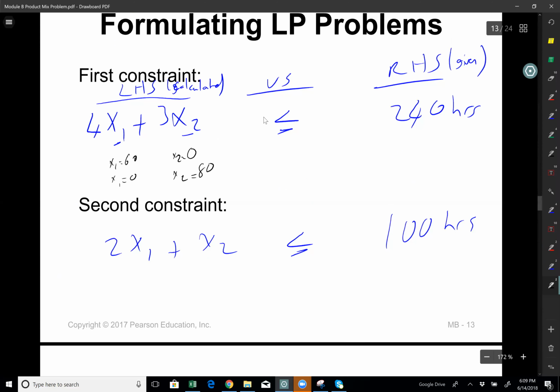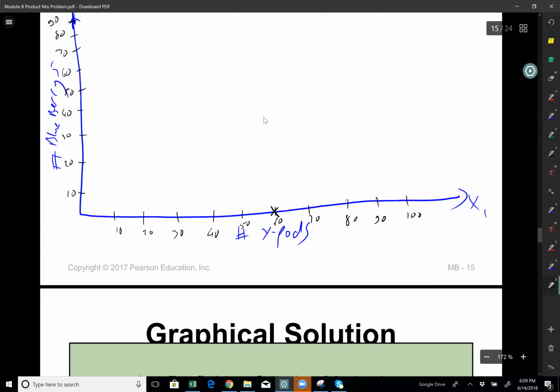That's my x2 intercept, which is right here. If I connect these two dots, this is the linear line for my first constraint. This is my constraint number 1.